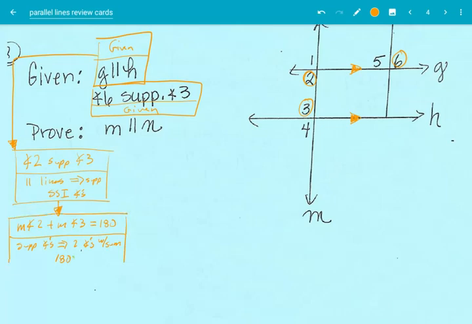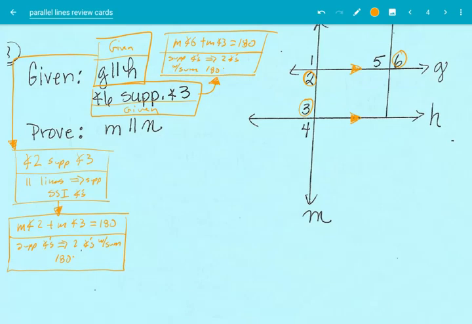That's what they imply. Same thing here, and I'm going to write it up here. The measure of angle 6 plus the measure of angle 3 equals 180 degrees. Because supplementary angles imply two angles with the sum of 180 degrees. That goes there.